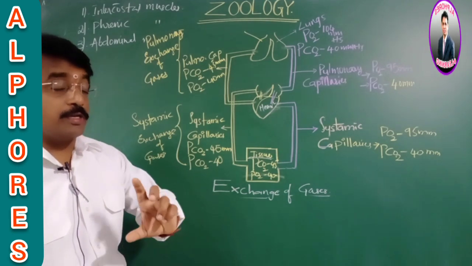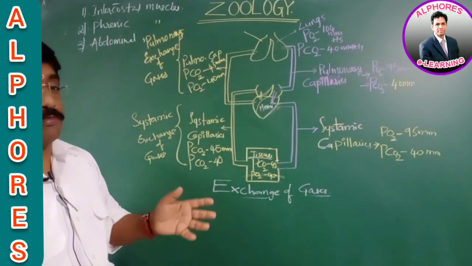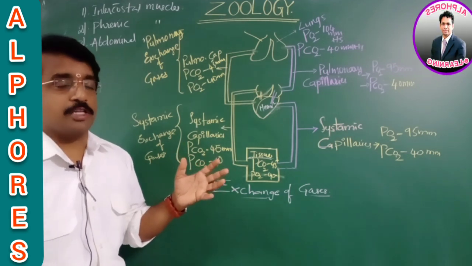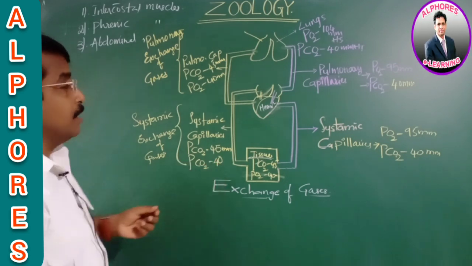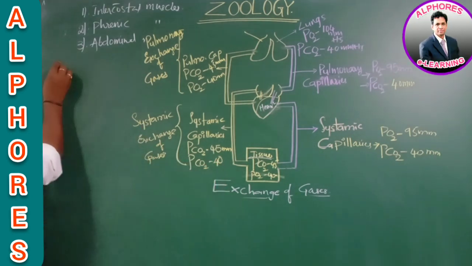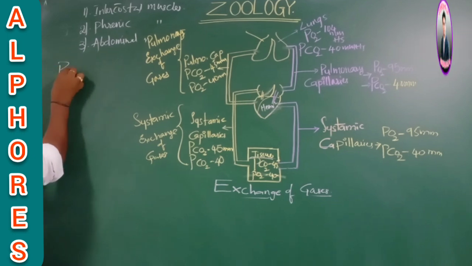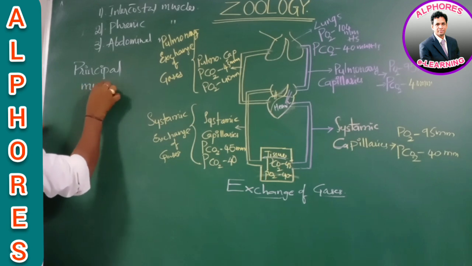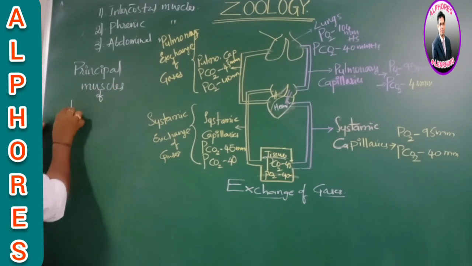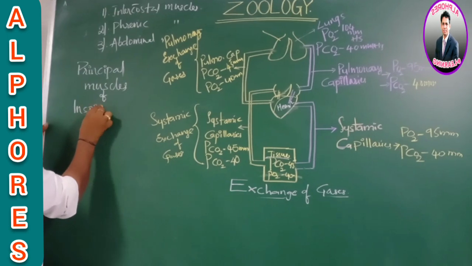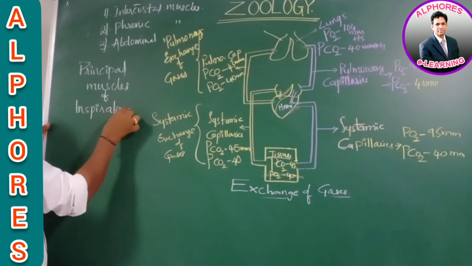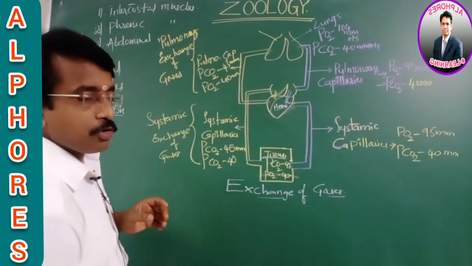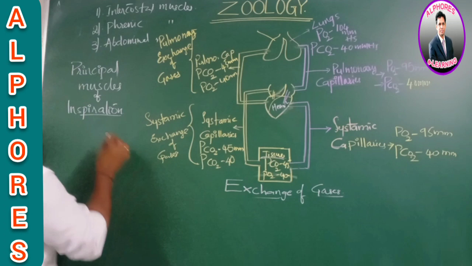Now, inspiration and expiration: intake of oxygenated air and sending out the foul air is expiration. So, make a note, the principal muscles of inspiration are the external intercostal muscles and the phrenic muscles.